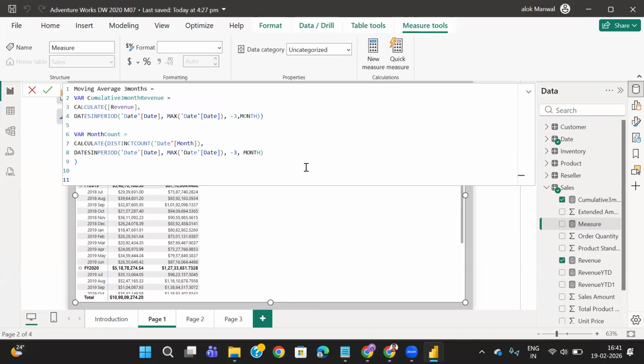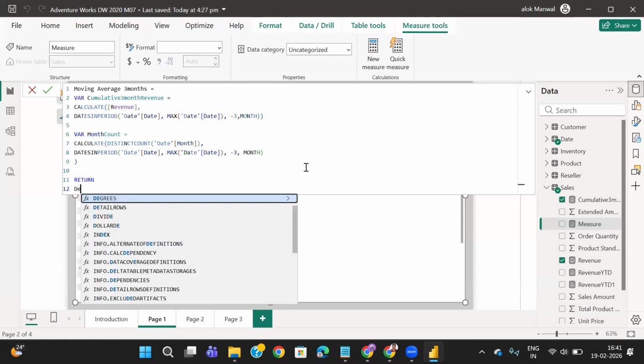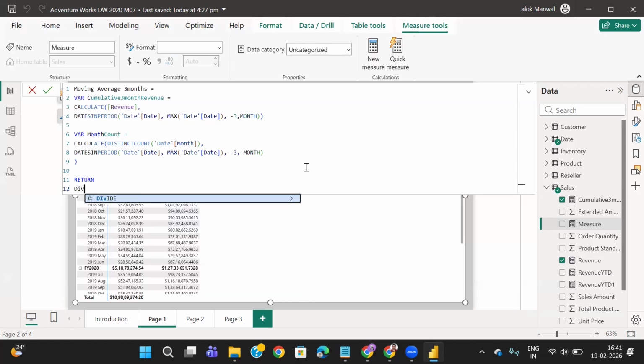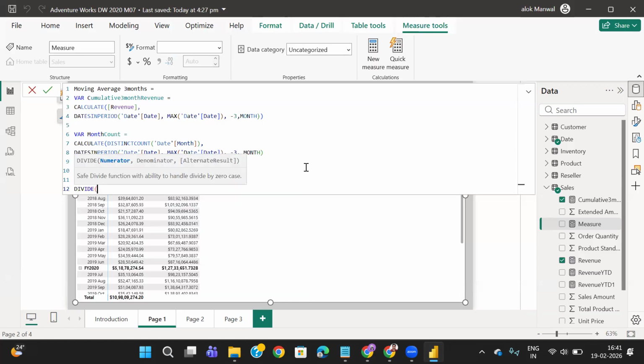Now we are going to return to our original formula. And what is the formula? This cumulative divided by... what is the numerator? Cumulative revenue, this one.